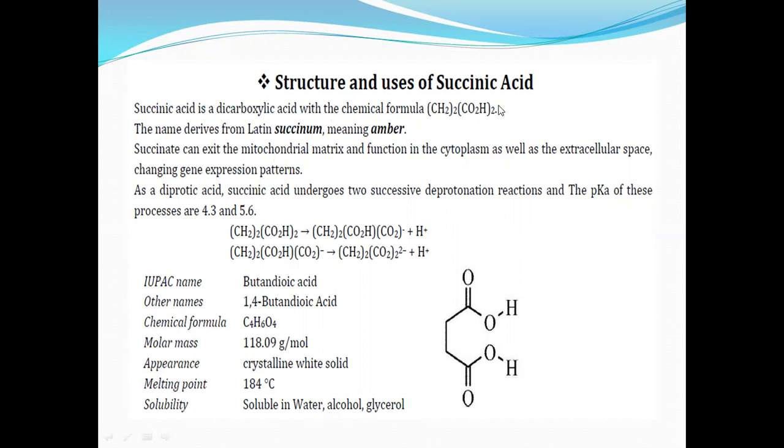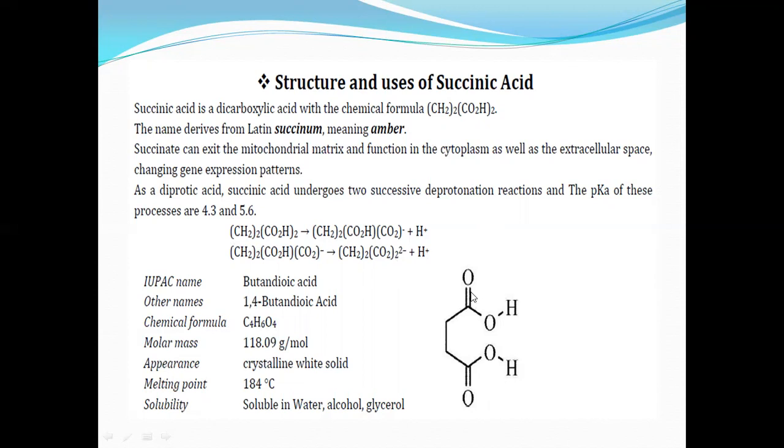So this succinic acid is basically a diprotonic acid or a diprotic acid. That means as it has two carboxylic acid functional groups, it will donate 2 protons to form a succinate ion. It undergoes 2 successive deprotonation reactions to donate 2 protons. The pKa values of this succinic acid molecule are from 4.3 to 5.6.